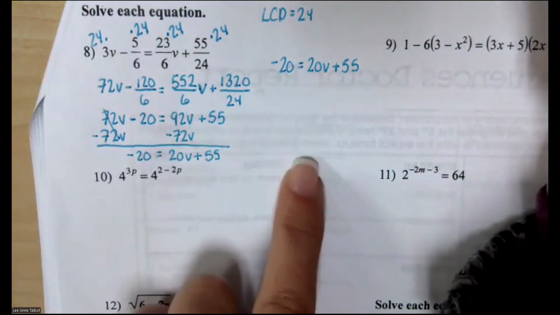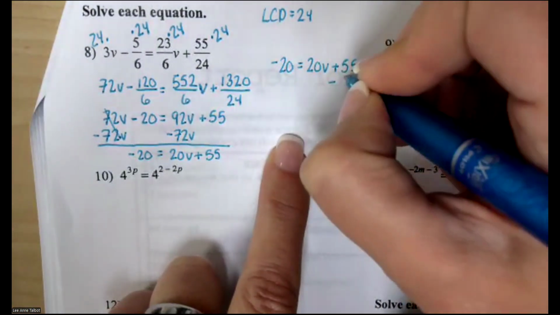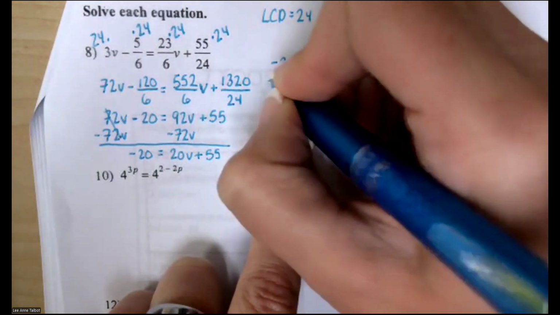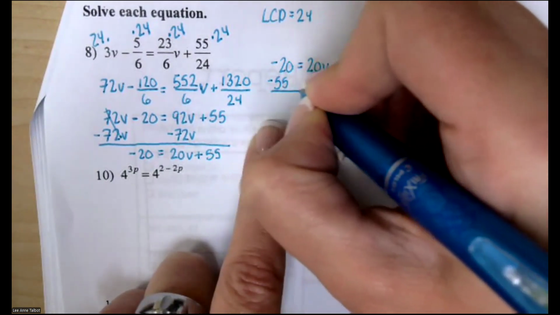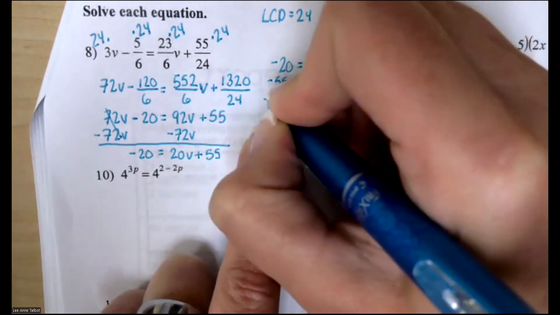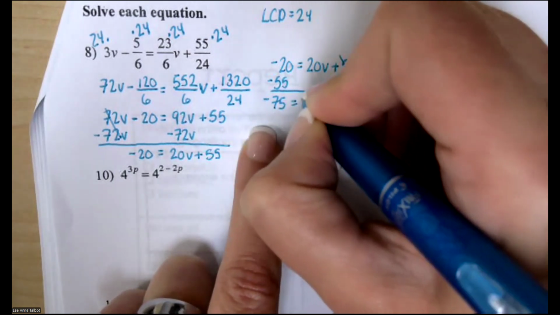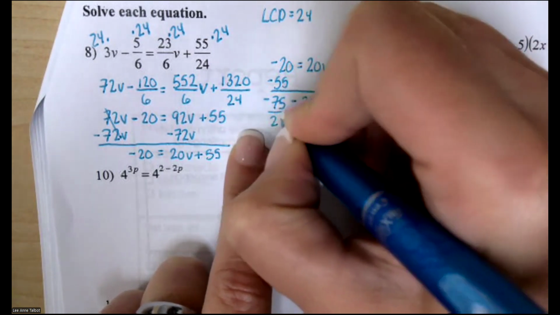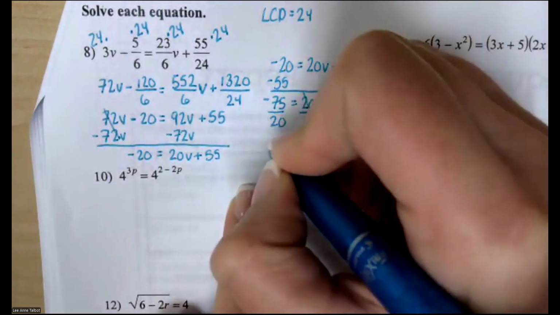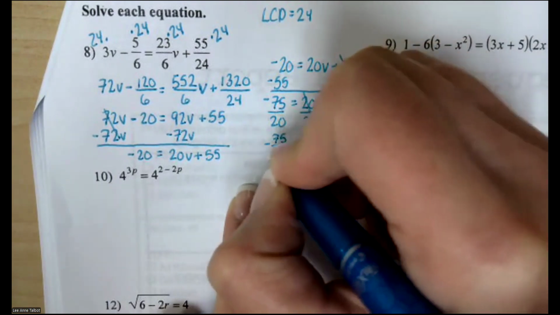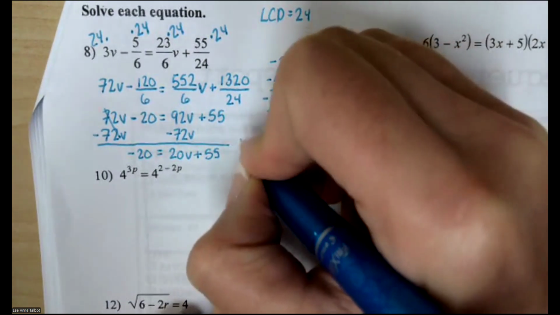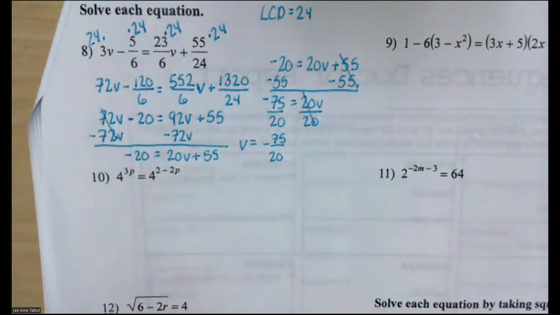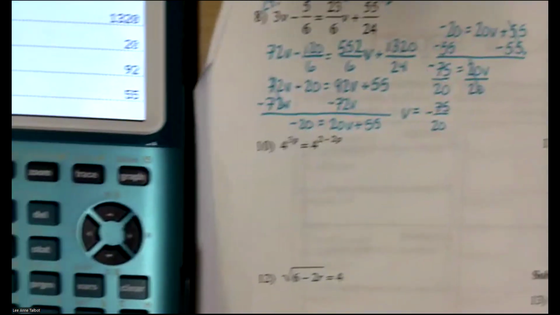And now -55. Okay, what goes into both of those? 5?